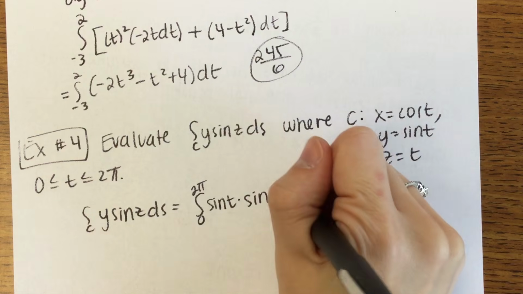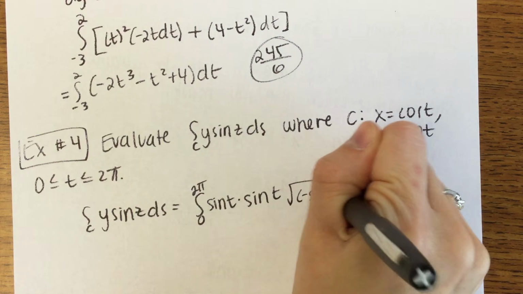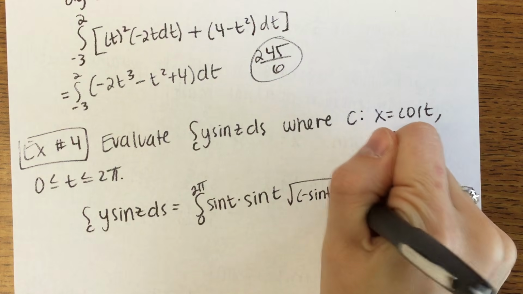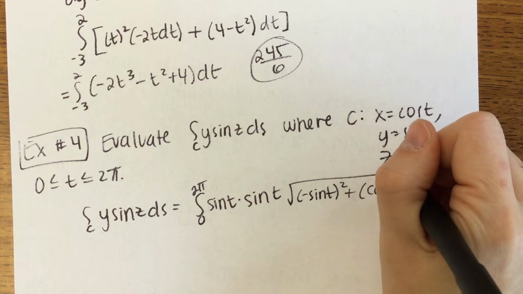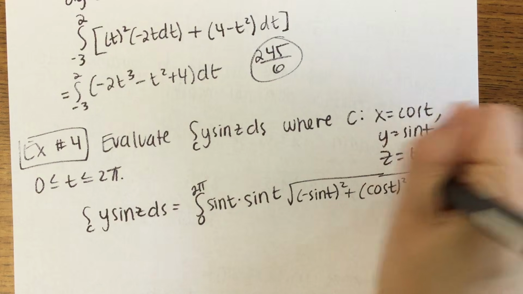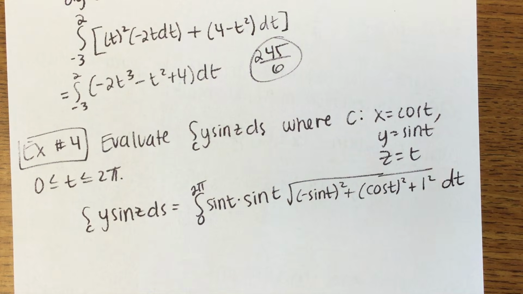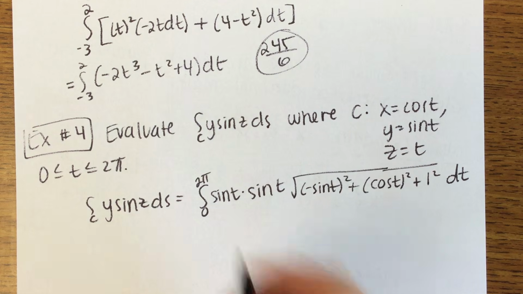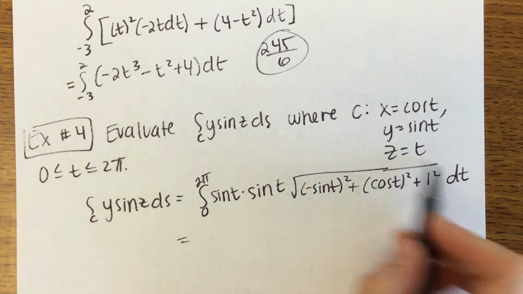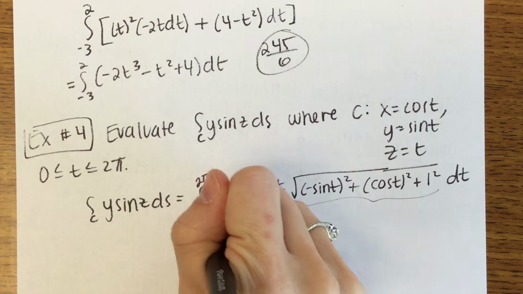So the derivative of cosine of t will be negative sine of t. The derivative of sine of t will be cosine of t. The derivative of z with respect to t will be 1. You get all that. All of this will be root 2, so I'm going to take that out.